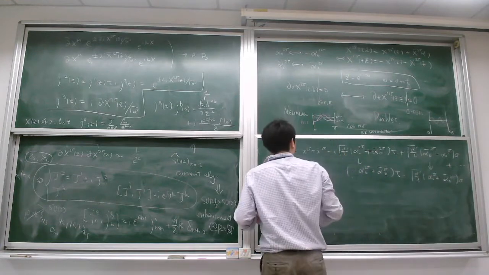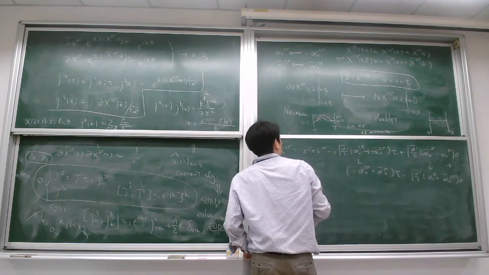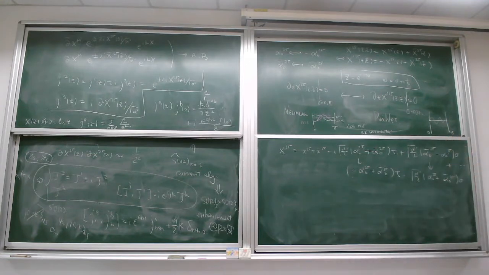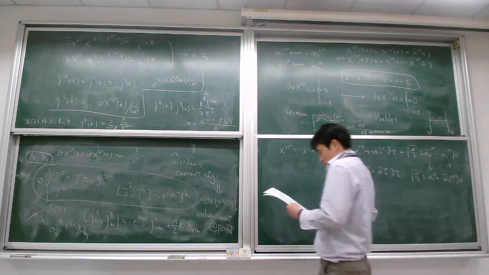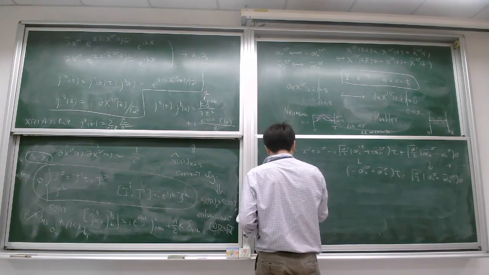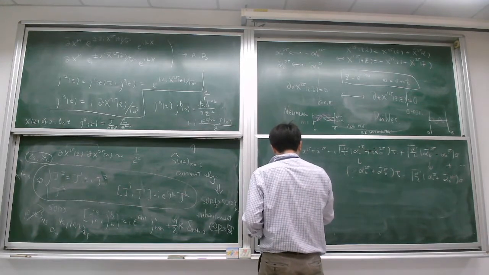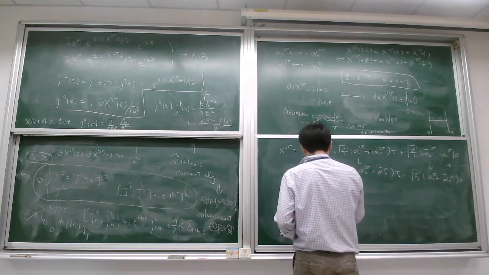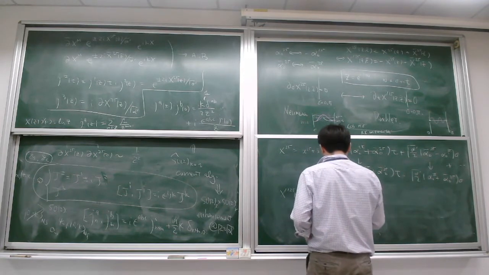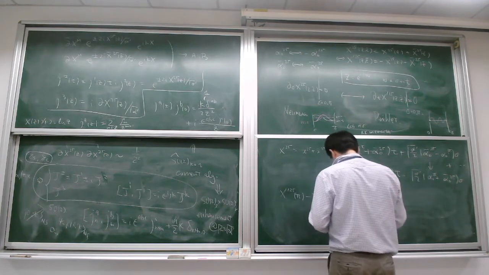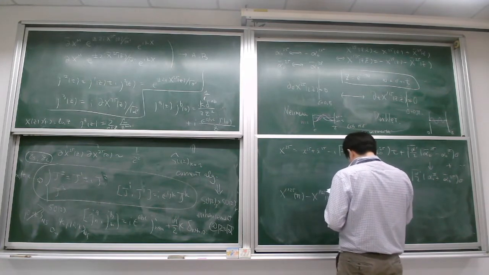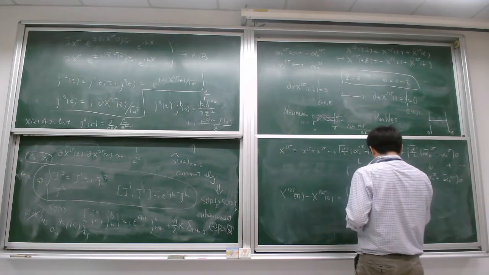Now let's see how the Kaluza-Klein momentum will be encoded in the Dirichlet condition under T-duality. So x prime 25 at the point pi minus x prime 25 at point 0 is equal to the integral from 0 to pi of d sigma of the derivative of x prime 25.